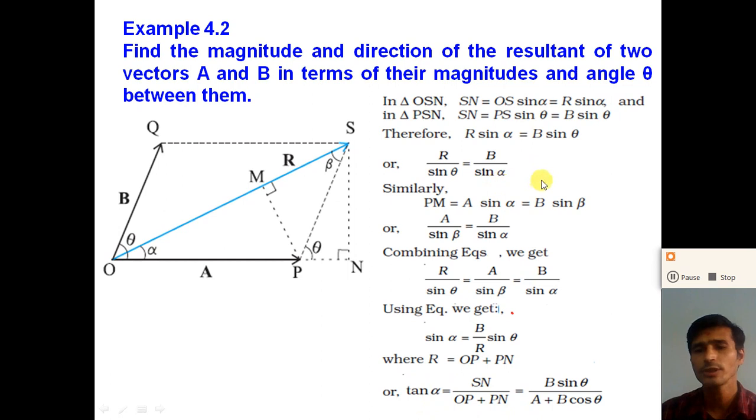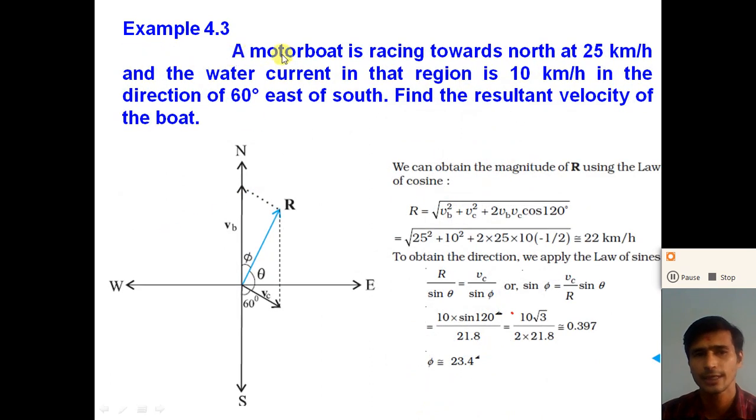Now example number 4.3. A motorboat is racing towards the north at 25 km per hour, and the water current in that region is 10 km per hour in the direction of 60 degrees east of south. Find the resultant velocity of the boat.